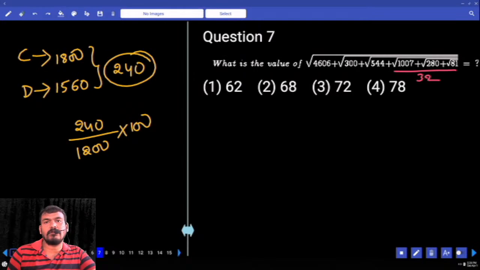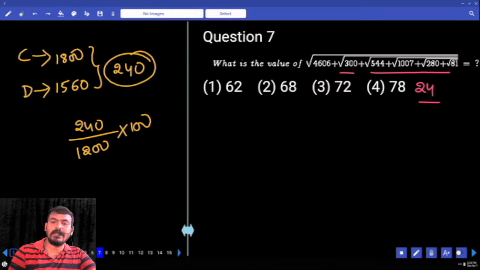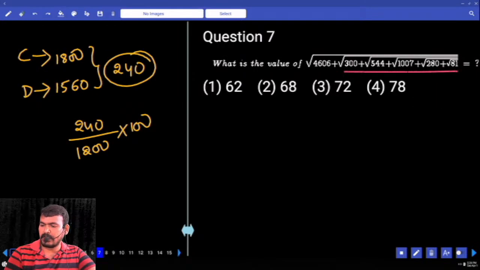It is which one square? 24. Up to these terms value will be how much? 24. 300 plus 24? 324. Which one square? 18 square. Means up to this one all the values sum will be 18. 4606 plus 18. It is 4624.